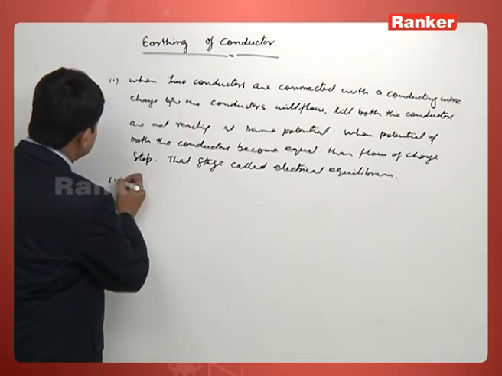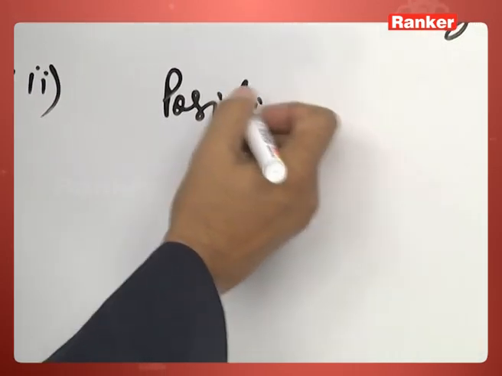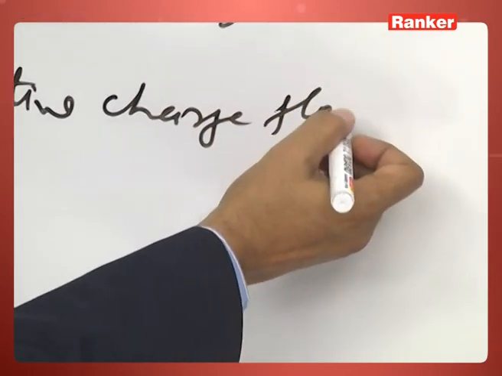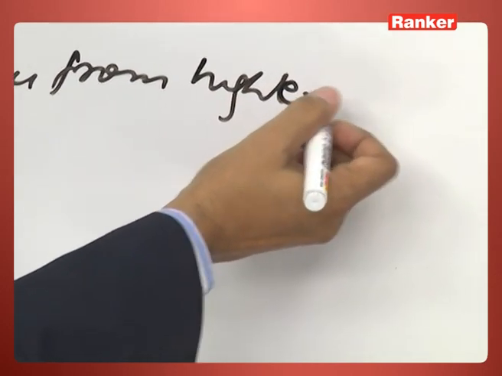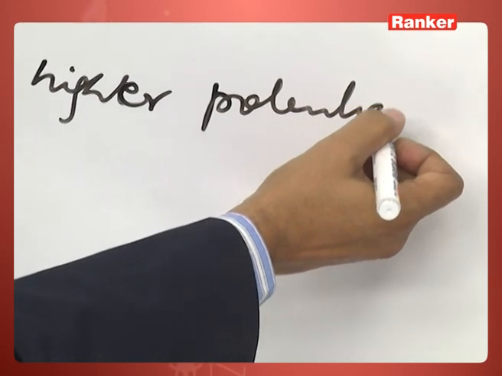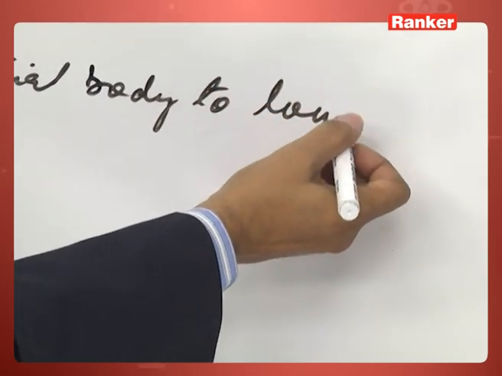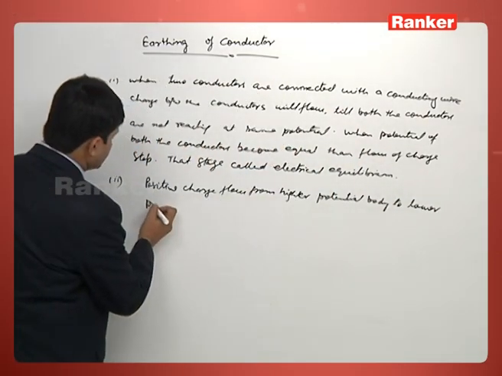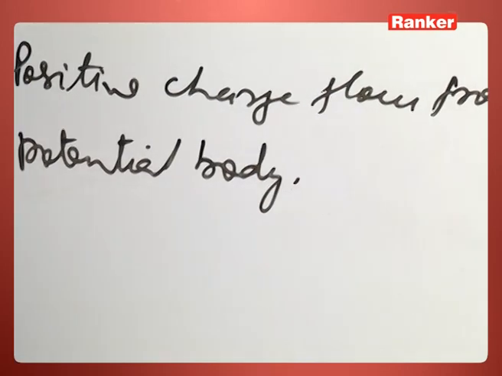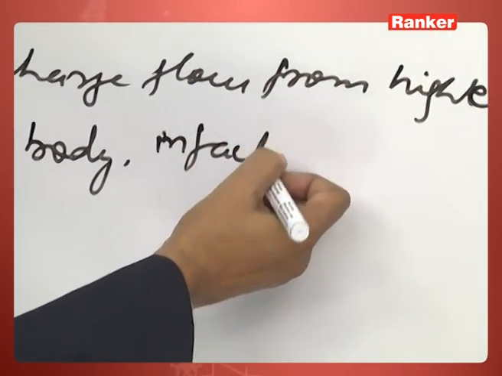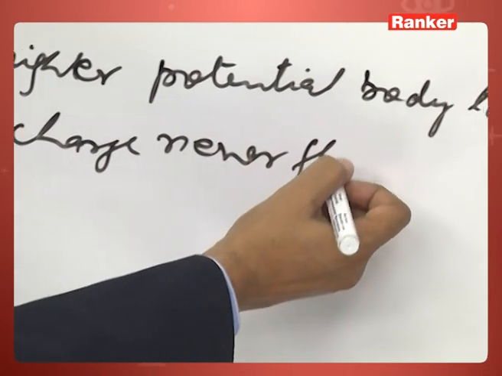Second point we can write: positive charge flows from a higher potential terminal or higher potential body to a lower potential body, but in fact positive charge never flows.